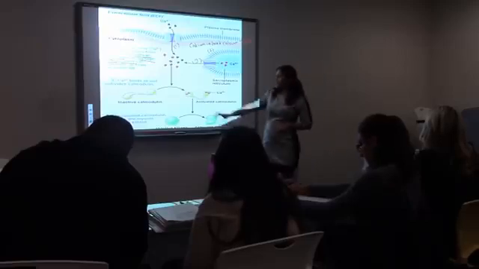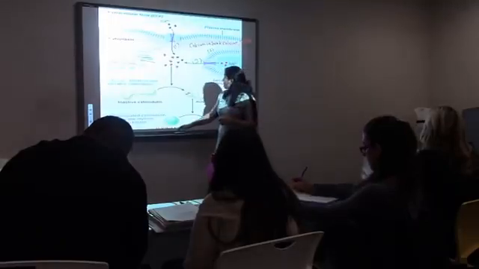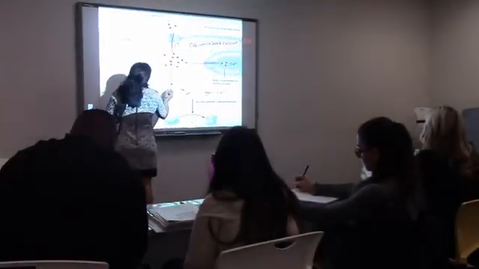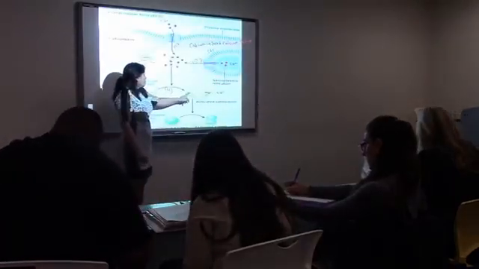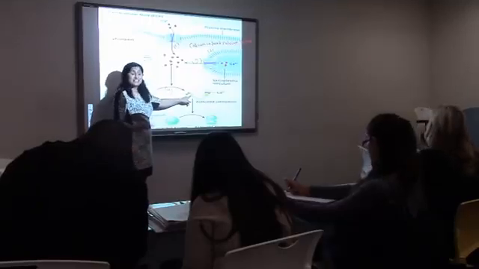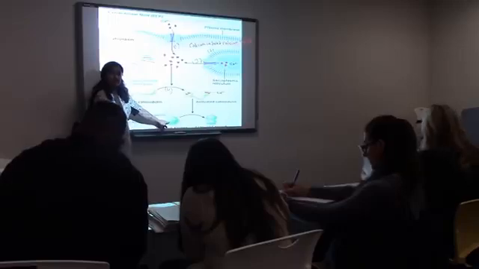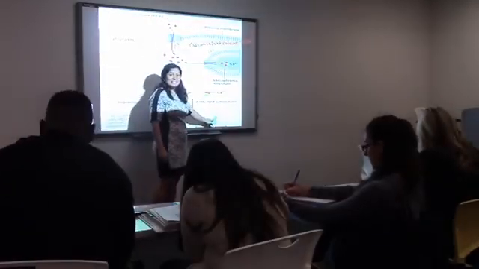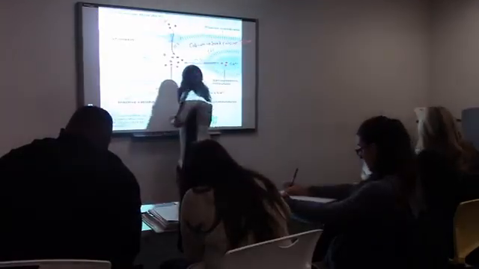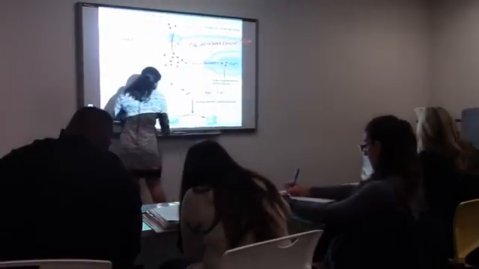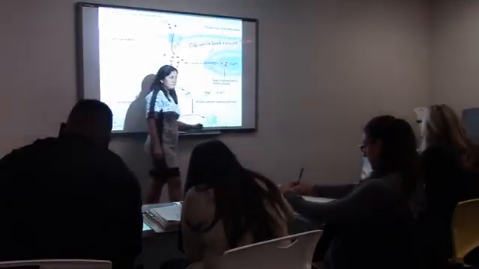So, calcium binds to calmodulin, activating calmodulin. Once calmodulin is activated, because now it has calcium, it goes and activates myosin light chain kinase.